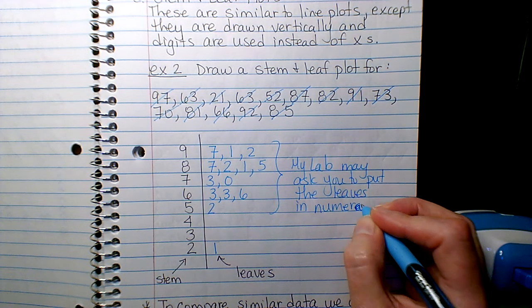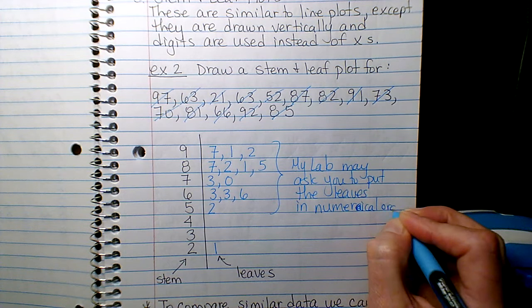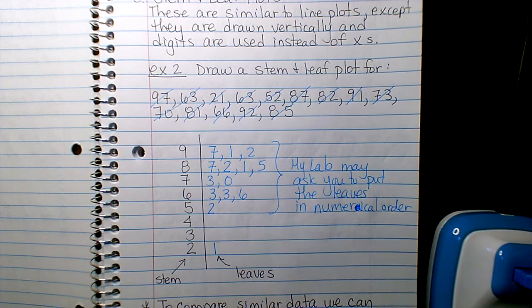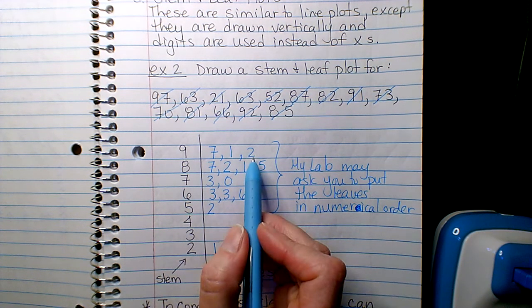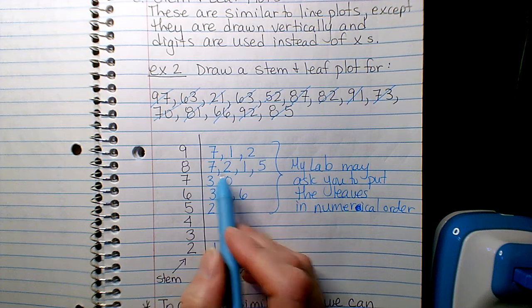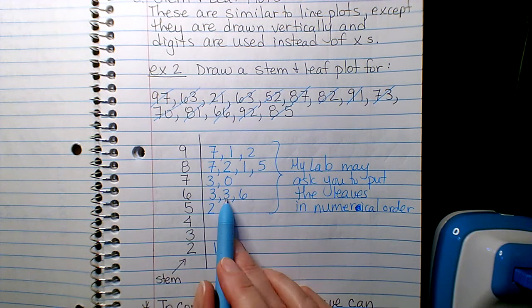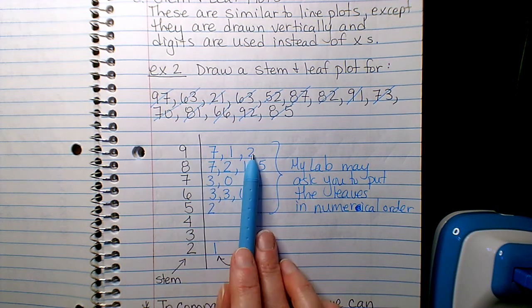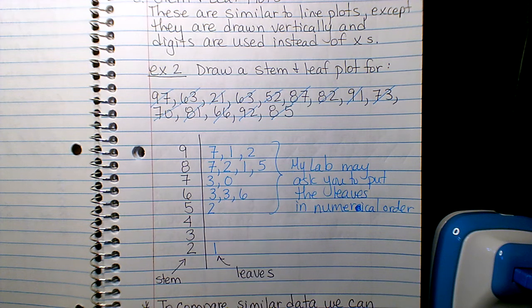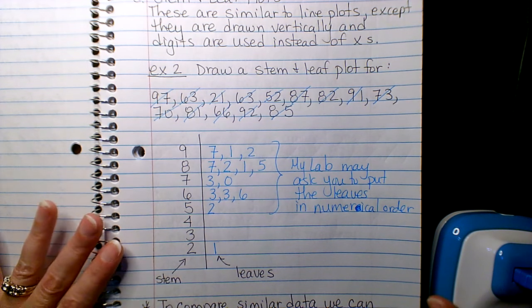I can't spell, and that's pretty sad. If that's the case, then you would just write 127, 1257, 03, 336, 21. So each little group of leaves, you may just have to put in numerical order. Like I said, in some cases they ask for a comma, some they don't. I prefer a comma because I like that visual separation. That's just me.